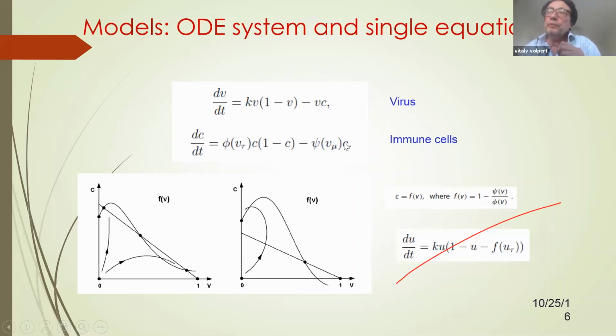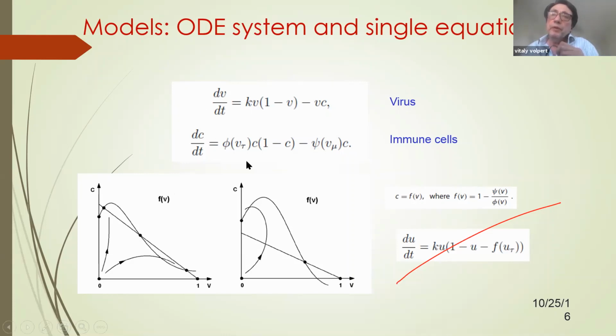And also immune cells can be killed by virus. So again, this function depends on virus concentration. It's the death of immune cells. If you take a simple case without time delay, we can easily study this ordinary differential system of equations, the stationary points, their stability.